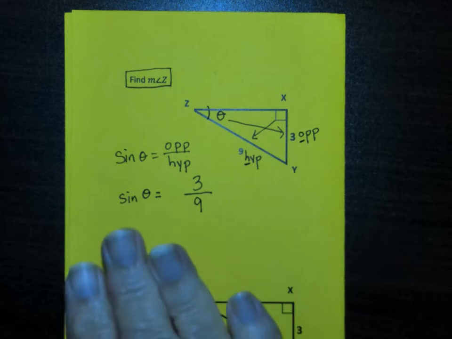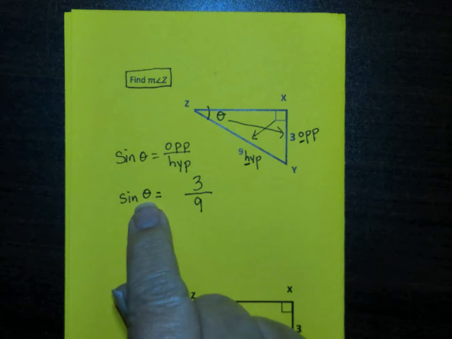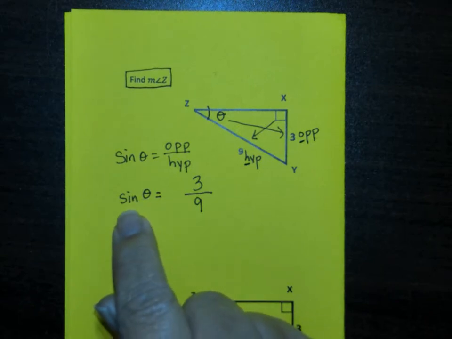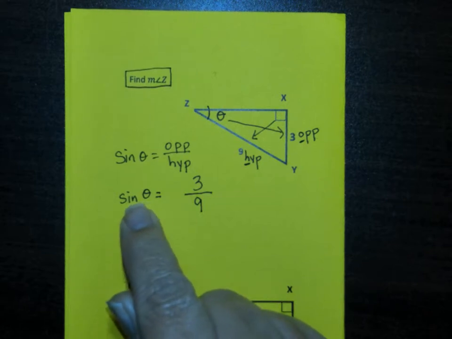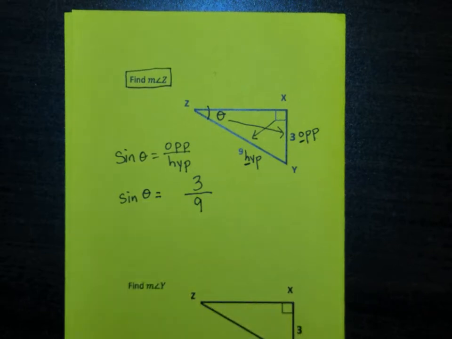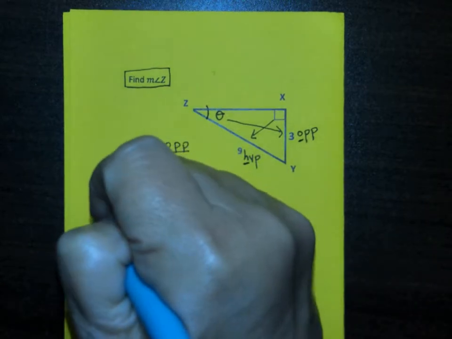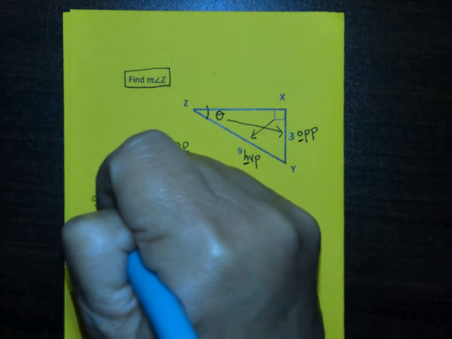Alright. So here's my equation. I want this theta to be by itself, which means I have to get rid of the sine function. So remember, when we get rid of things, we do the inverse. Like adding and subtracting undo each other, multiplying and dividing undo each other, squaring and square rooting undo each other. So what undoes a sine is a thing called inverse sine.